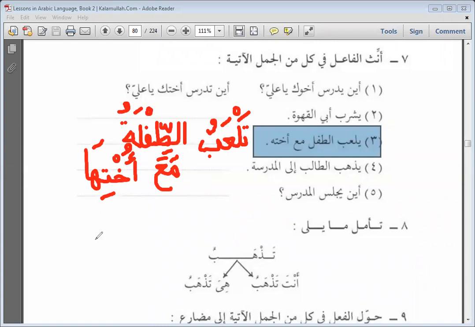Hold on, it's too confusing. تلعب الطفلة مع أختها. All right? Any other questions?